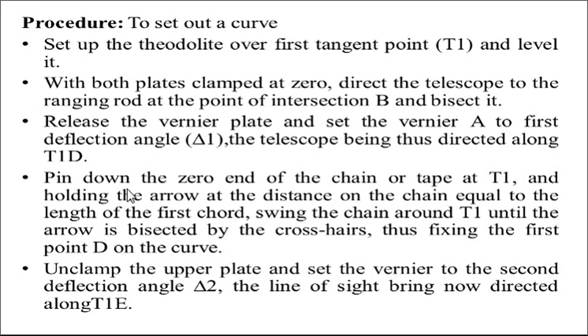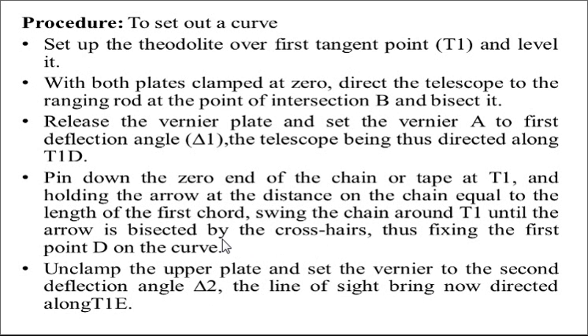Then pin down the end of the chain or tape at T1. Pin down means we have to keep the zero end of the chain at point T1 and hold the arrow at the distance on the chain equal to the length of the first subchord, and then swing the chain around point T1 until the arrow is being bisected by the crosshair of the theodolite, thus fixing the point D on the curve.